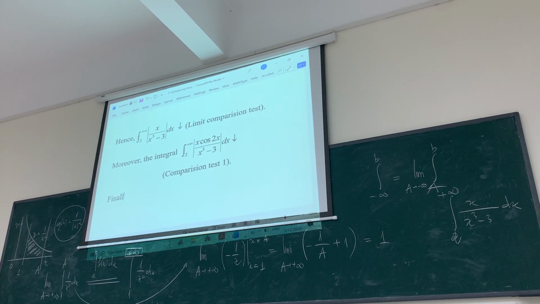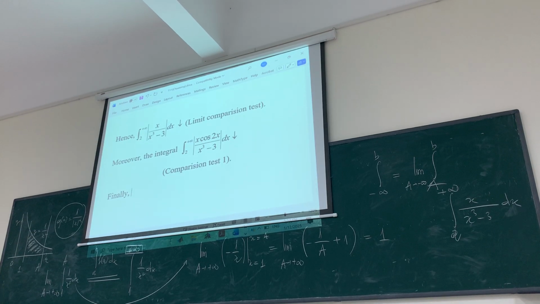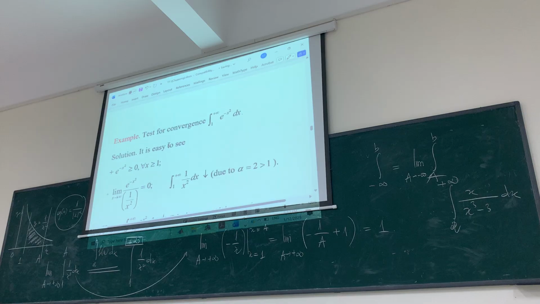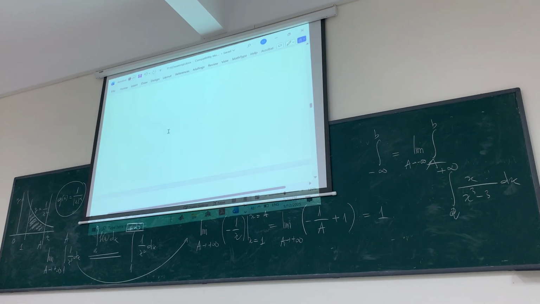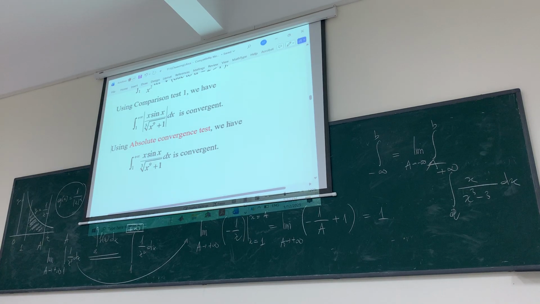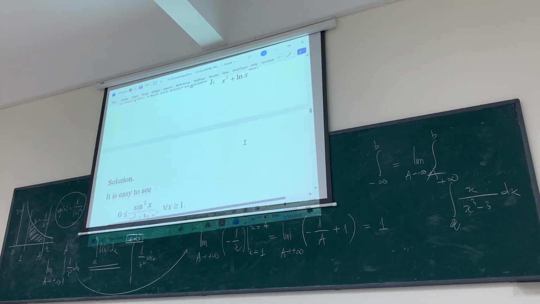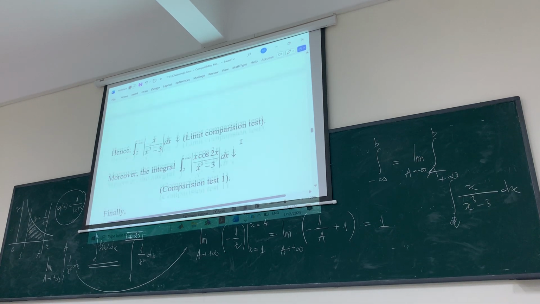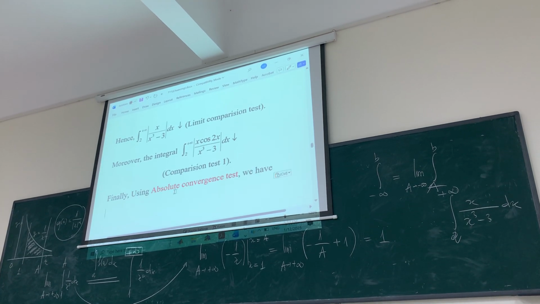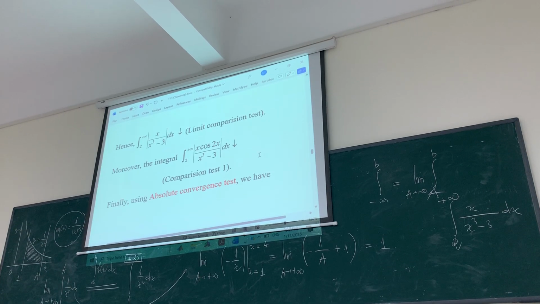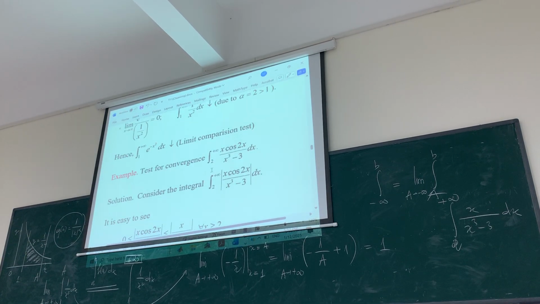Finally, using the absolute convergence test, we have the integral.